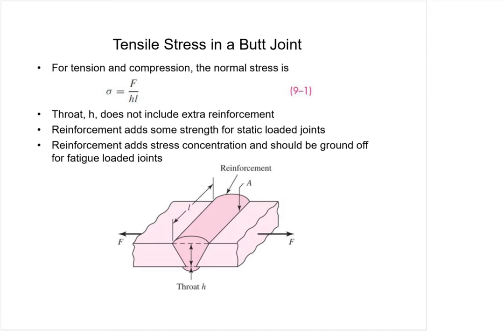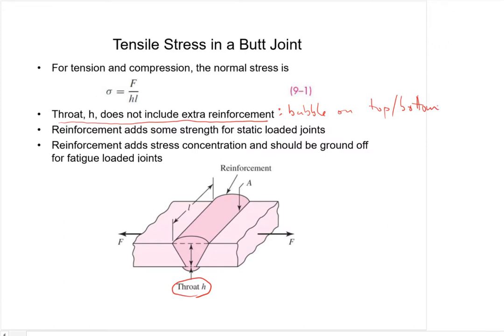And in this case, stress is force over area, and the area we're considering is essentially the length of the weld times the throat height. So the throat height here does not include the extra reinforcement material, the little bubble on the top and the bottom. That extra reinforcement material doesn't count.